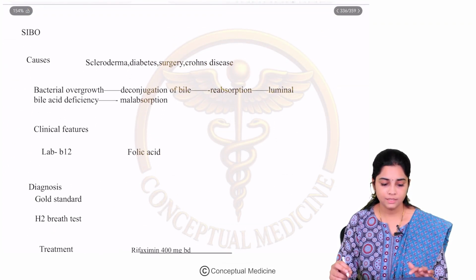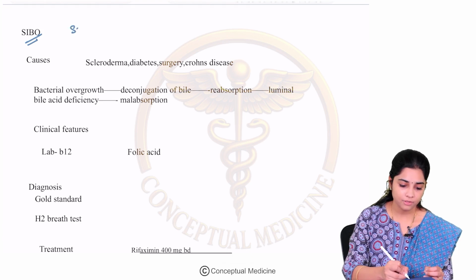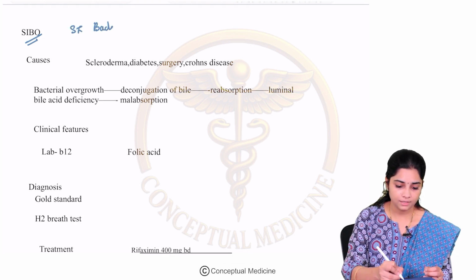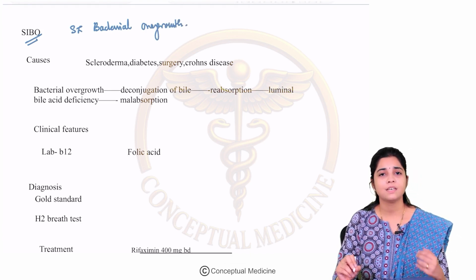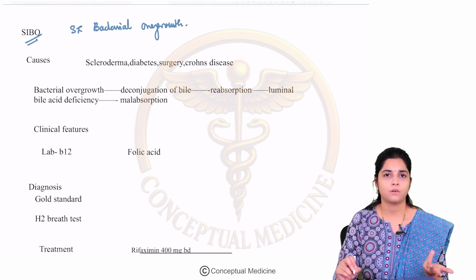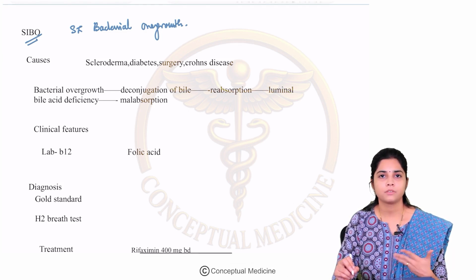Now let us look at the next malabsorptive syndrome, which is SIBO. SIBO stands for small intestinal bacterial overgrowth. As the name suggests, there is excessive bacteria in the small intestine, and these can result in abdominal pain, bloating, malabsorption and chronic diarrhea.